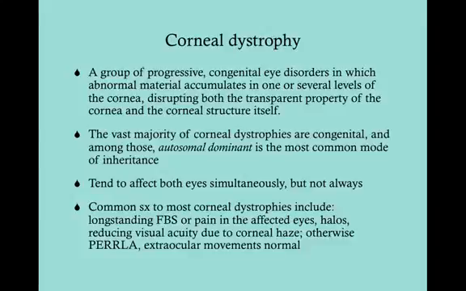Common symptoms of most corneal dystrophies include a long-standing foreign body sensation or mild pain in the affected eye or eyes, and that just has to do with the chronic nature of this. The foreign body sensation is due to the fact that the cornea is a very sensitive structure. If you don't believe me, try and touch the middle of your eye and see how long you can do it. It's very, very highly innervated, very sensitive.